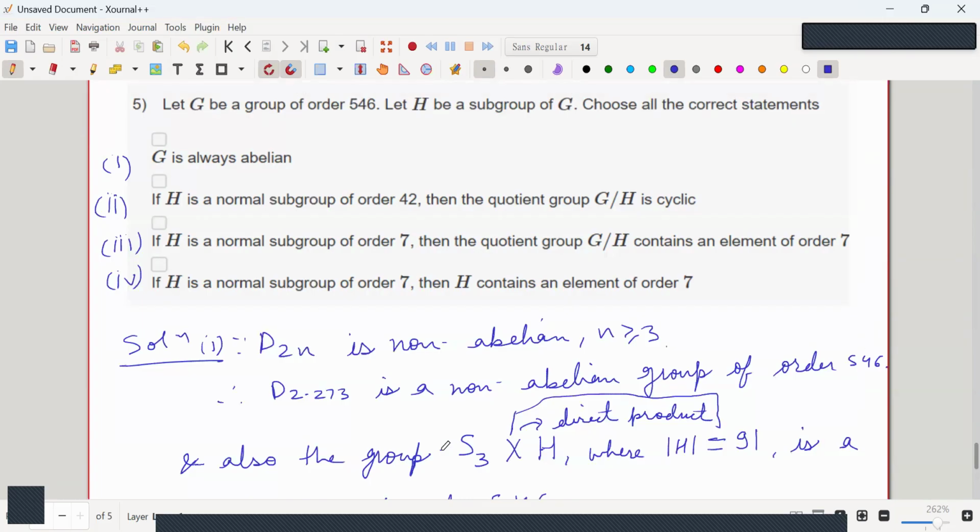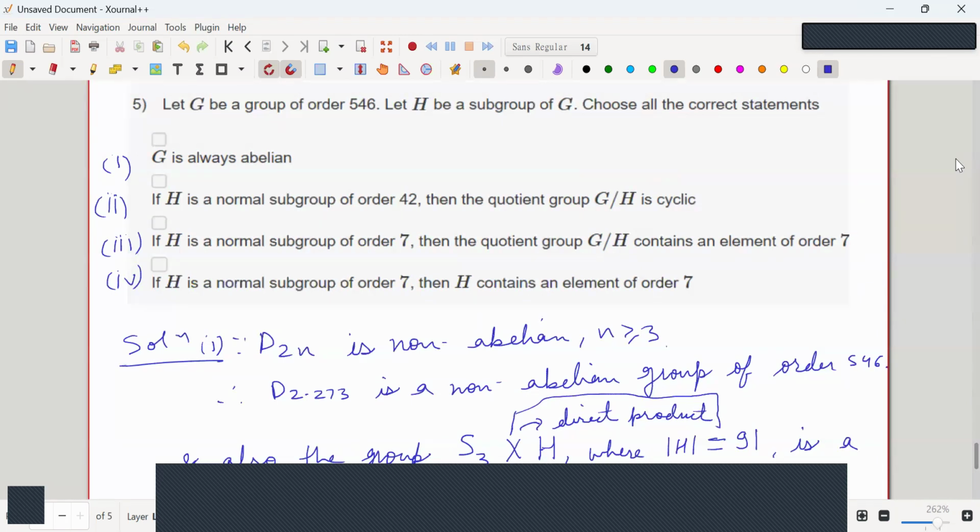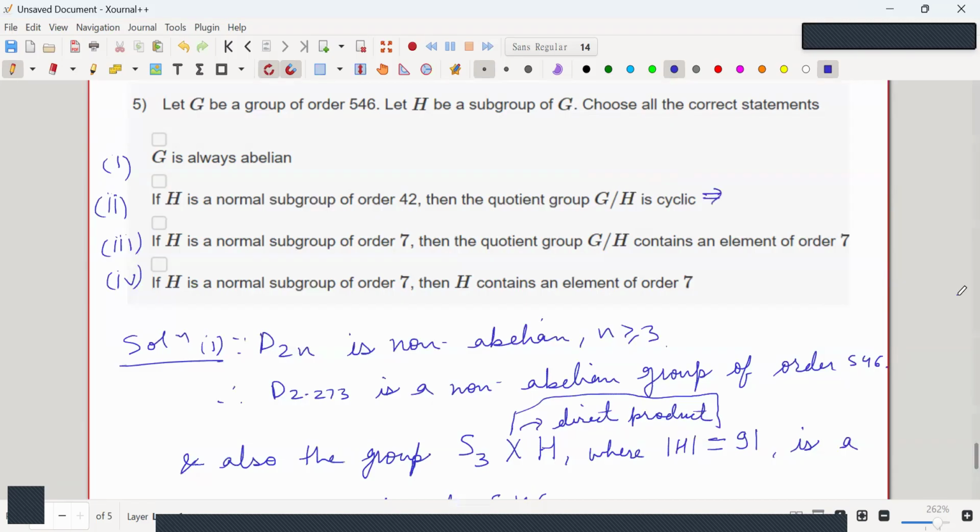Second one, if H is a normal subgroup of order 42, then the quotient group G by H is cyclic. This is true. Why? The order of G mod H is 13, and 13 is a prime. So this implies the order of G by H is 546 by 42, which is 13, right?